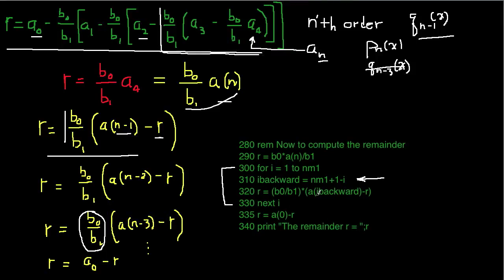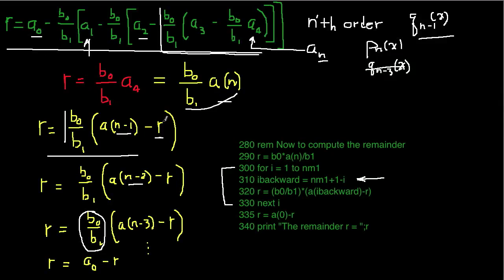This time I backward is n minus 2, so that's this right here, and it calculates B0 divided by B1 times A n minus 2 minus R. We execute this all the way up until the point when I is equal to nm1 or I backward is equal to 1. So the last calculation that it does is when the A1 term appears right here. So it executes the loop, successively computing these recursive estimates for R.